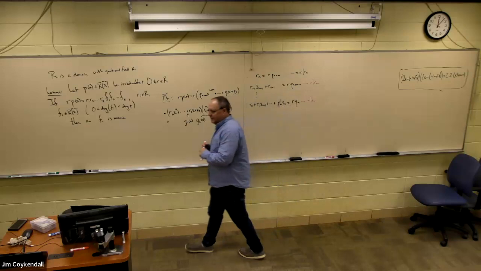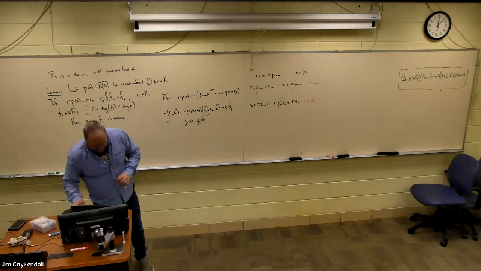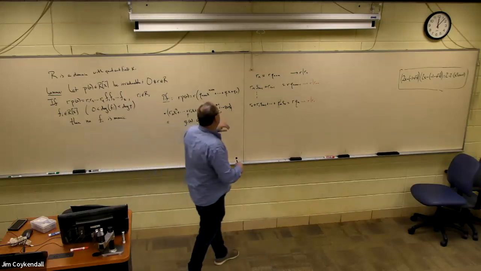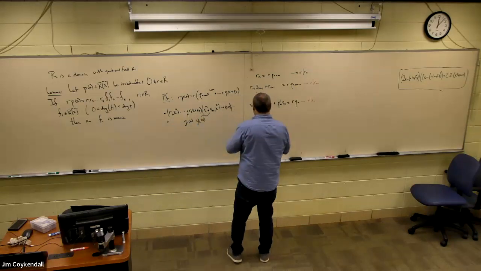So you cascade that sucker all the way down, and in particular, of course, R divides every coefficient of g of x.